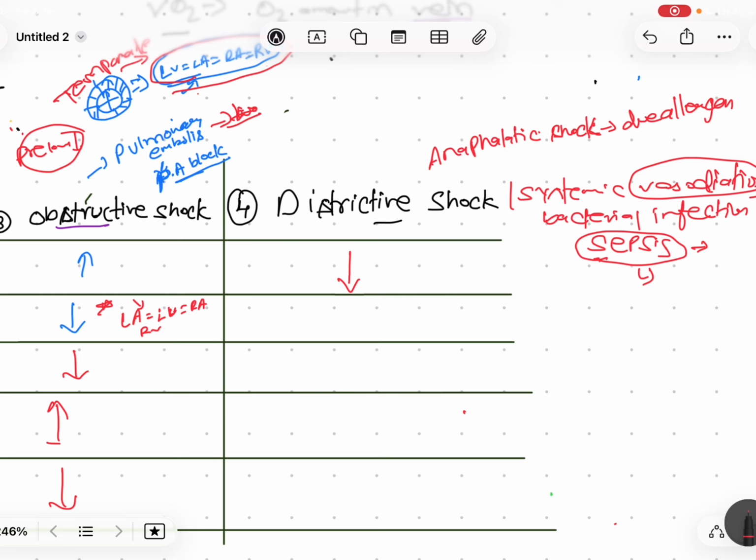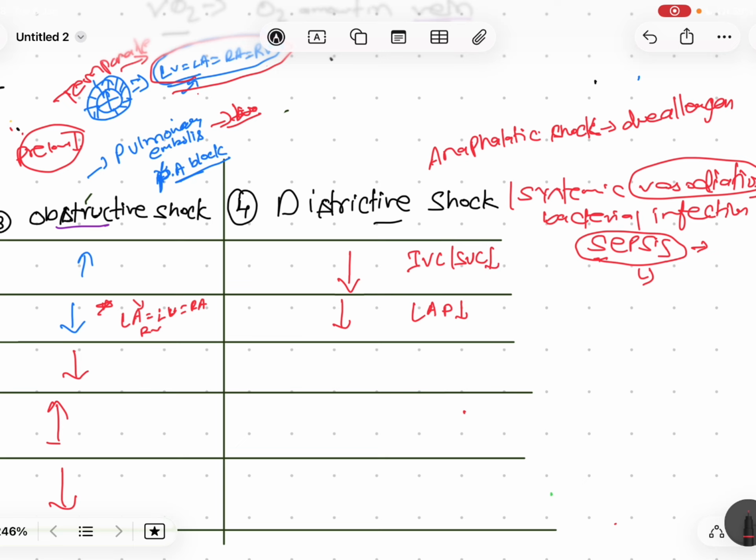And if CVP is decreased, then PCWP is also decreased. Left atrial pressure is decreased. Wall pressure in the inferior and superior vena cava also decreases.